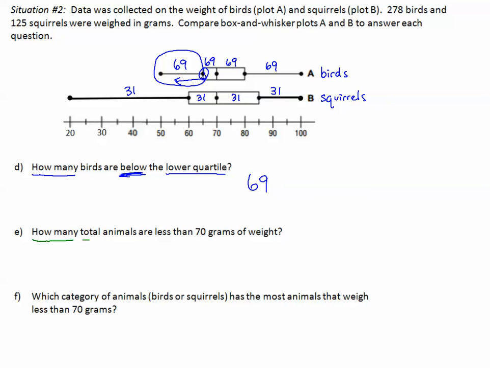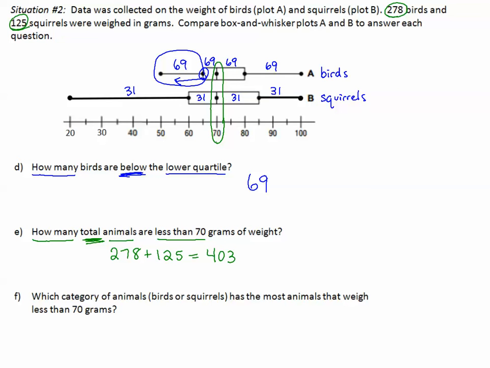How many total animals are less than 70 grams of weight? So total is all of the birds and all of the squirrels put together. So 278 plus 125 is 403. And remember that 70 is the median for both plots.